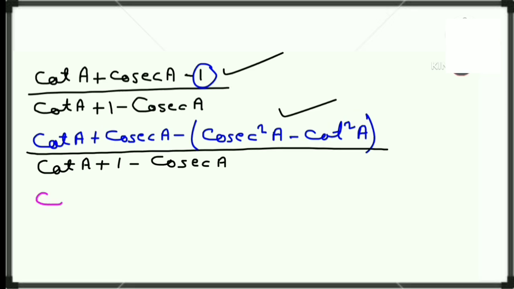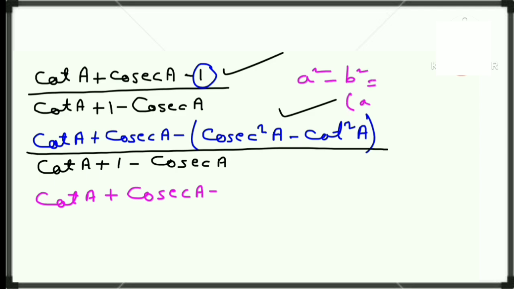Again, cot A plus cosec A minus, and here cosec square A minus cot square A is in the form of identity A square minus B square, and its expanded form will be A plus B, A minus B, right? So let's assume this is A and this is B, so it can be expanded like this.